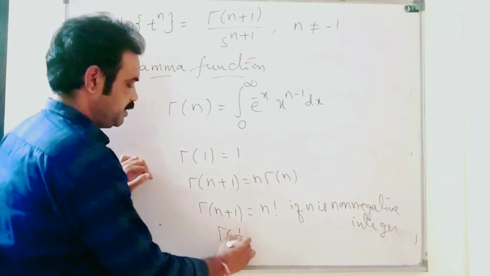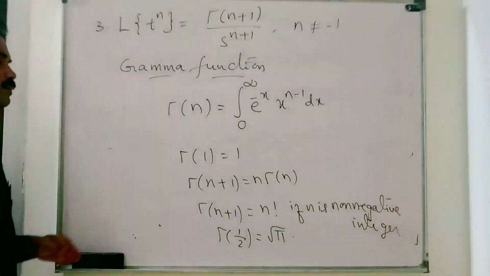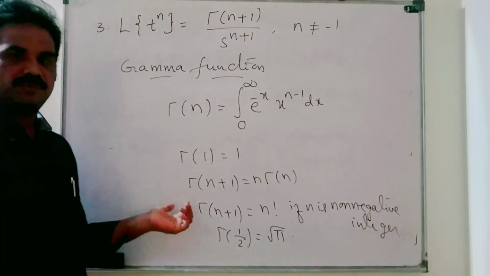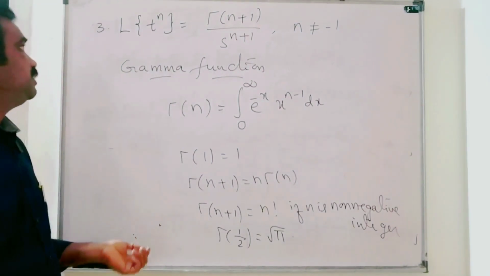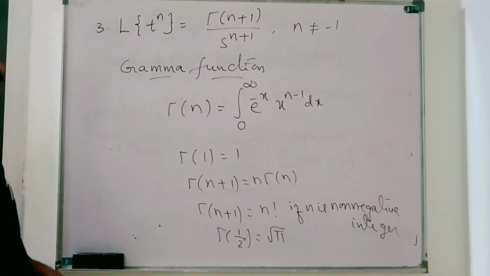And also gamma 1 by 2 is equal to root pi. These are some properties of the gamma function. Here L of t power n is gamma n plus 1 by s power n plus 1.